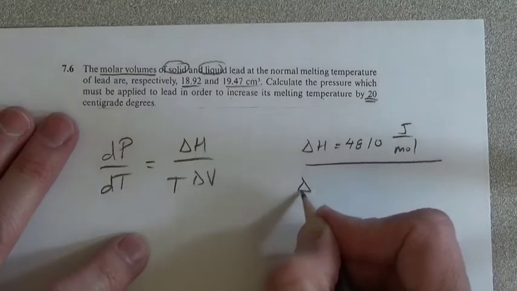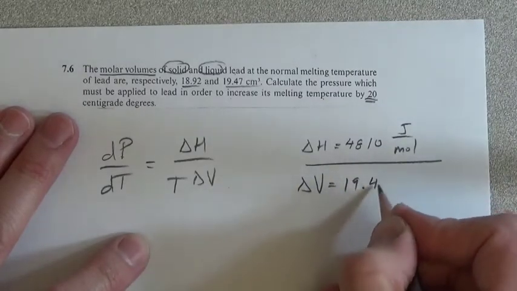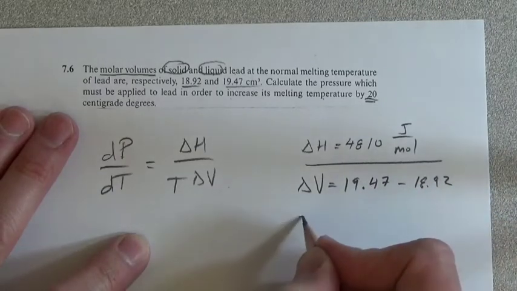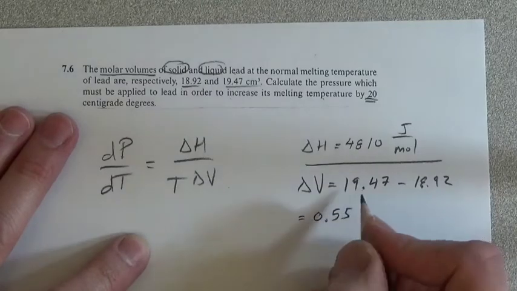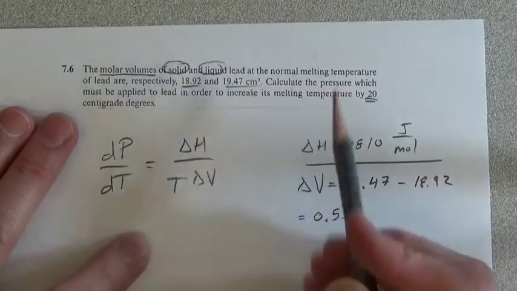We have delta V is equal to 19.47 minus 8.92 is equal to 0.55, and this is in cubic centimeters.